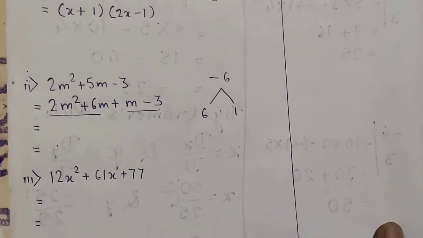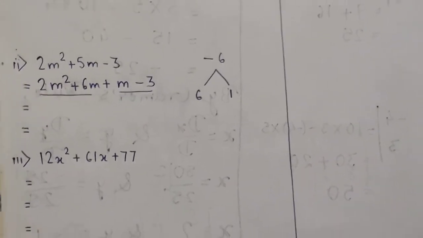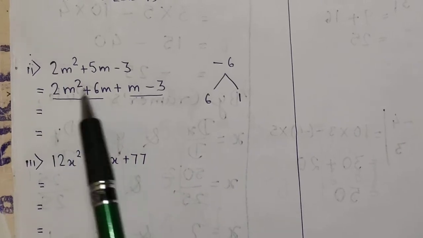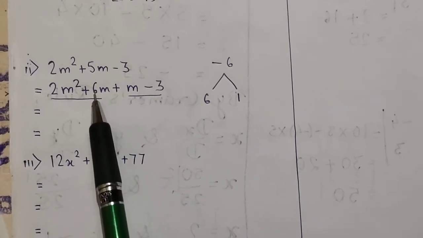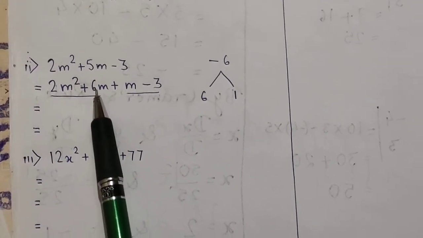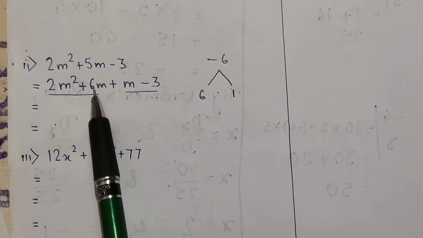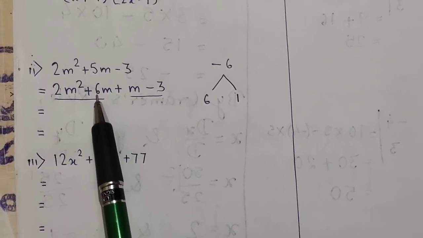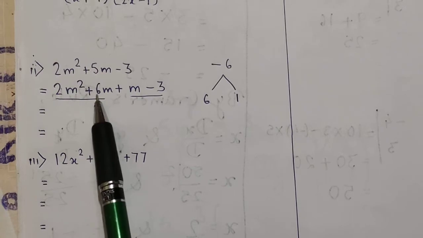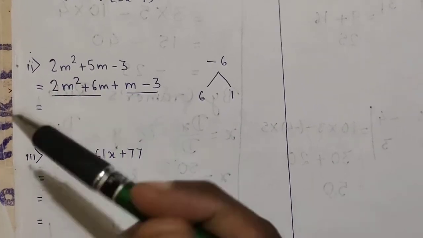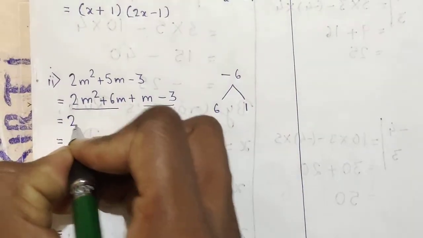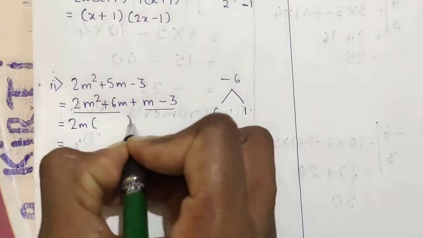Now let us see what is common here. You can see here 2 is there, here 6 is there, and you know 6 means 2 threes. So 2 is there in this 6. Here you can take 2 common, and obviously m is also there.